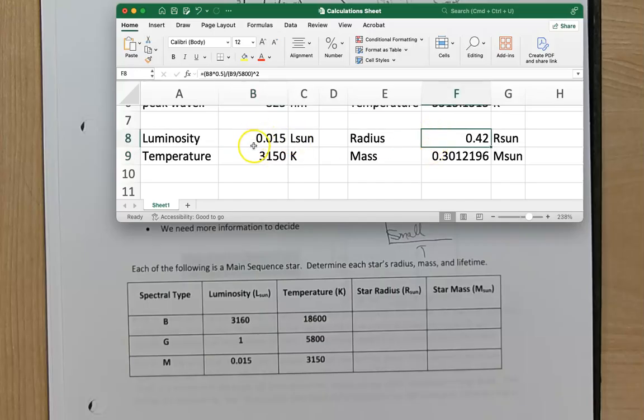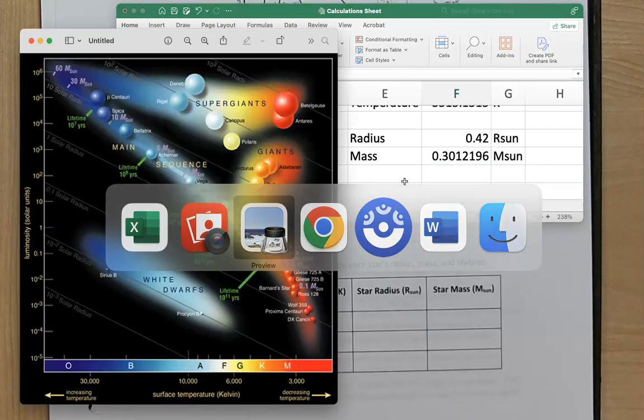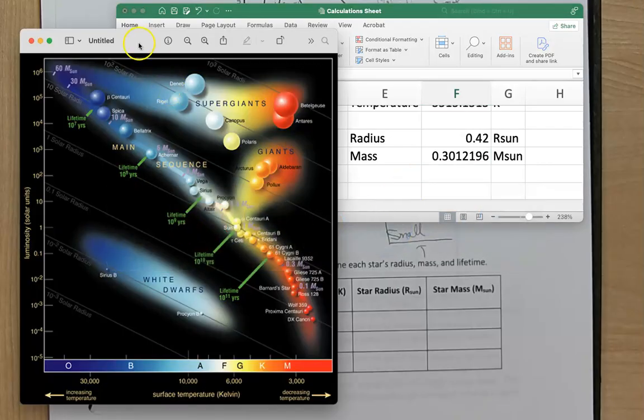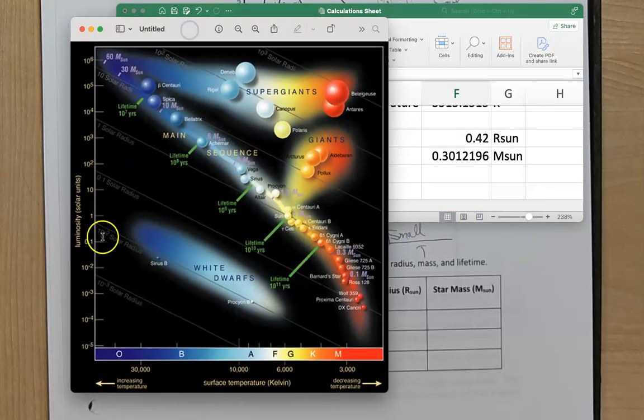Why is it dimmer and cooler and smaller? Because it's lower mass than the sun, right? Remember, the mass of a main sequence star is the one property that determines everything else for main sequence stars. And so that's what you'd expect. So 0.01 solar luminosities is probably right about there.